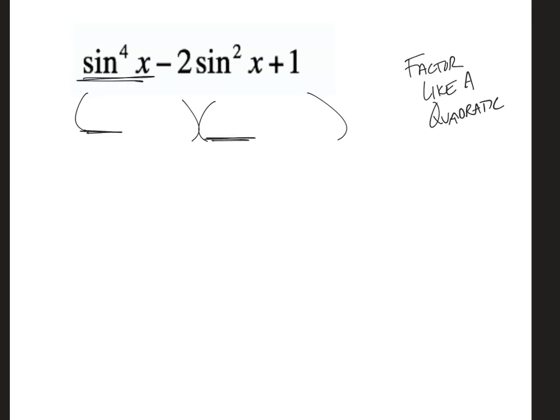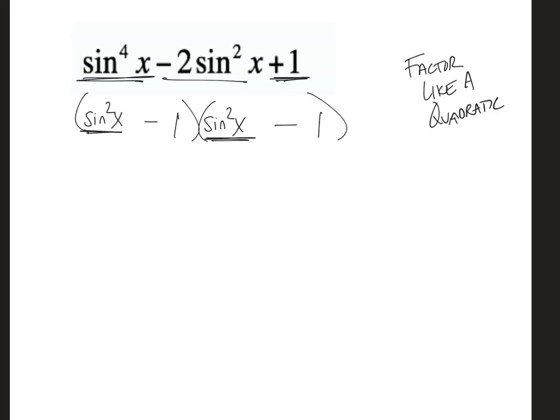That would make a sine to the 4th x. That would be a sine squared x and another sine squared x. And then I need 2 things that multiply to a 1. Well, those could either both be positive ones or they could both be negative ones. My middle term needs to be a negative, so I'm thinking both of those should be negative ones.